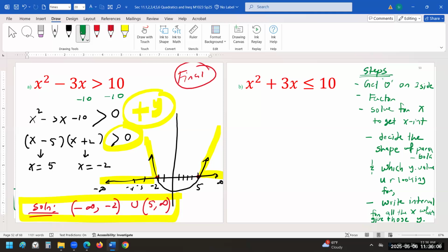No, this is excluded. It means the numbers, 5, the number... Remember this.